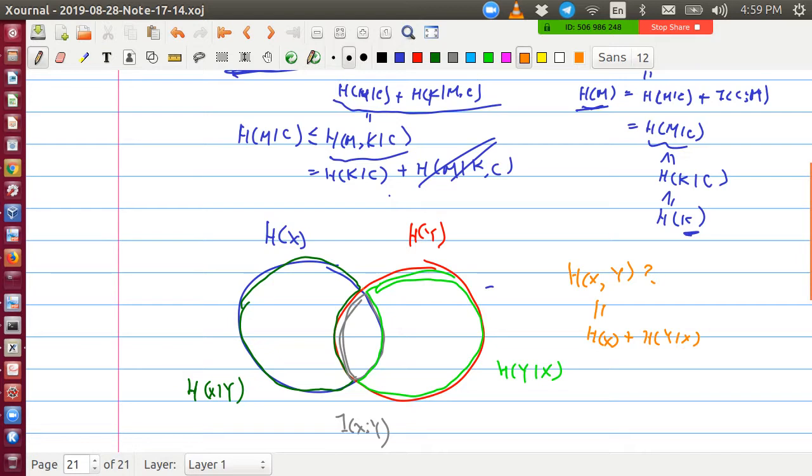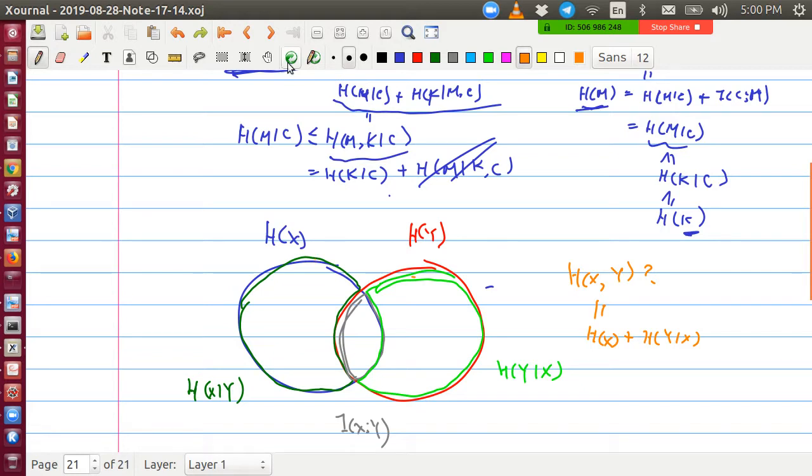H(X) is this one, H(Y given X) is this one. Or you can say it's H(Y) plus H(X given Y), right?